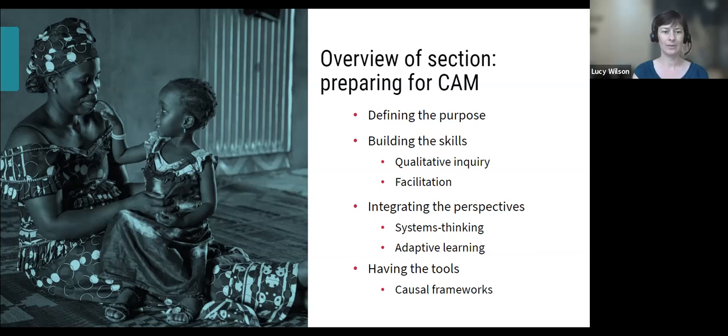And finally, the tools, specifically causal frameworks, which are also used in traditional performance M&E. And as a reminder from last week, I often talk about causal frameworks as a catch-all term for things like theories of change and logic models, since different CAM approaches use different terminology, but Mahua will specifically discuss theories of change since that's what's most commonly used within Momentum.